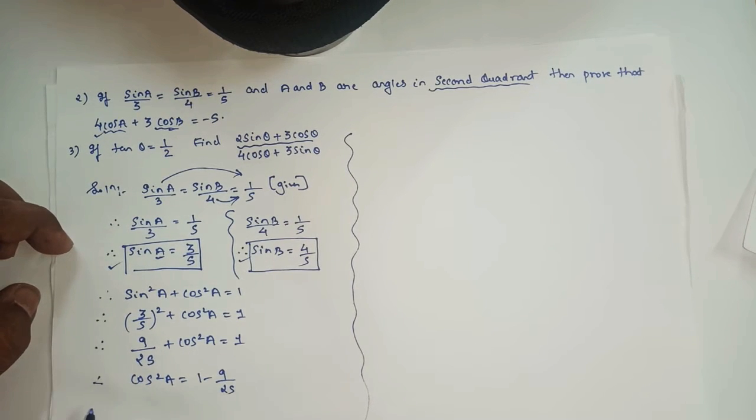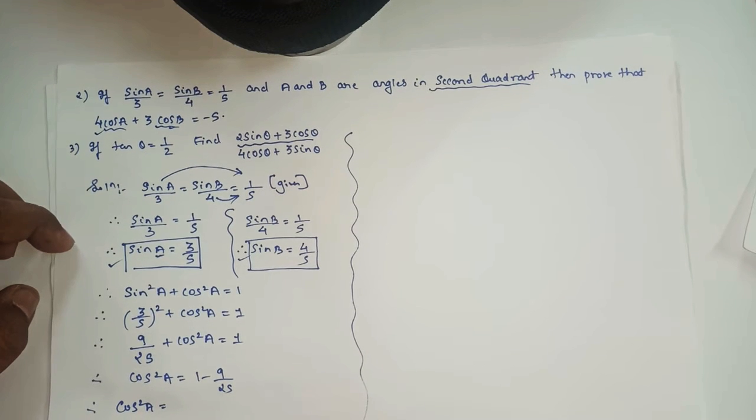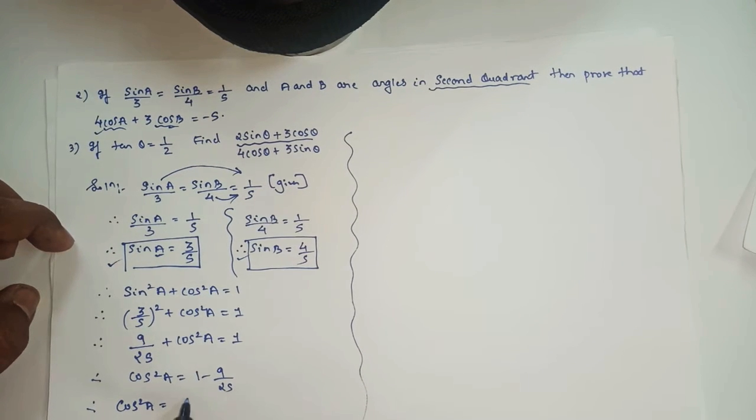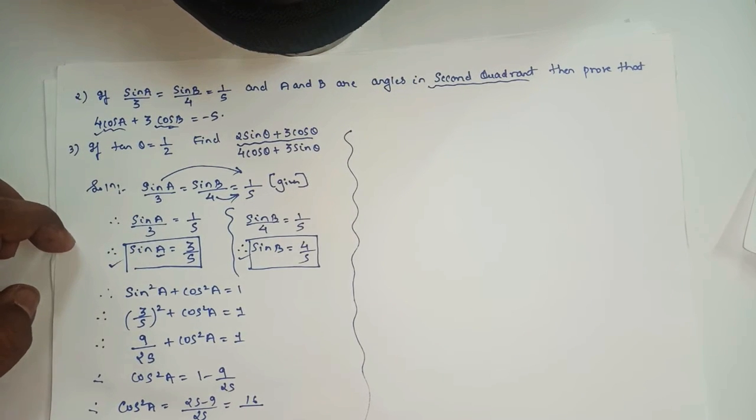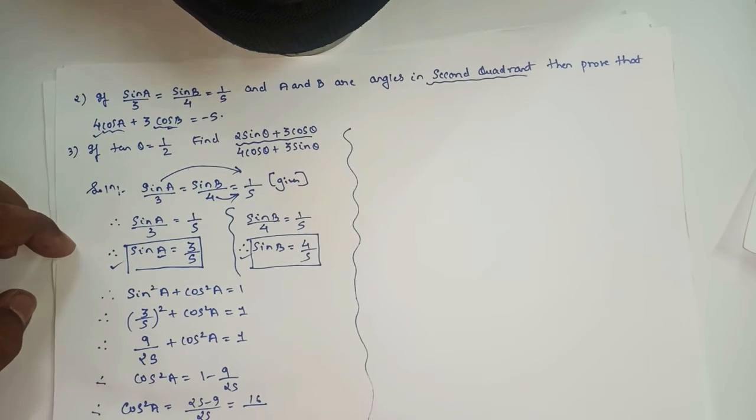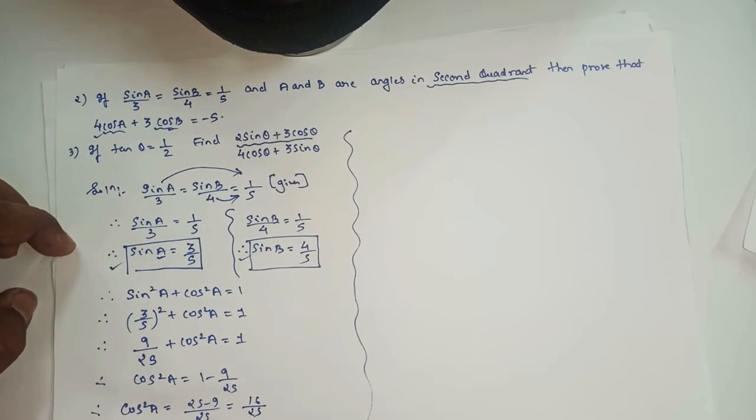So in the next step cos square A equals 25 minus 9 upon 25. So that will be 16 upon 25.